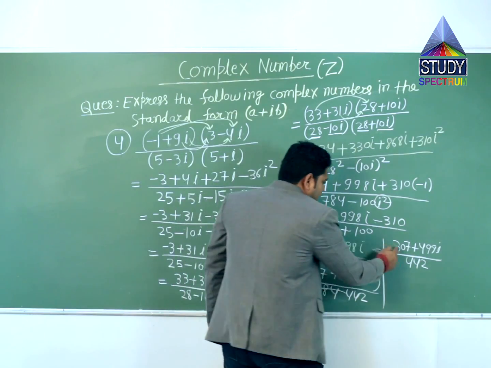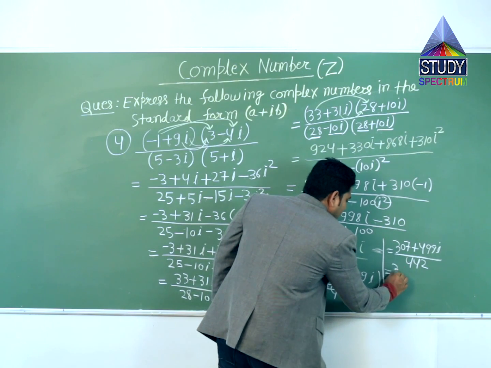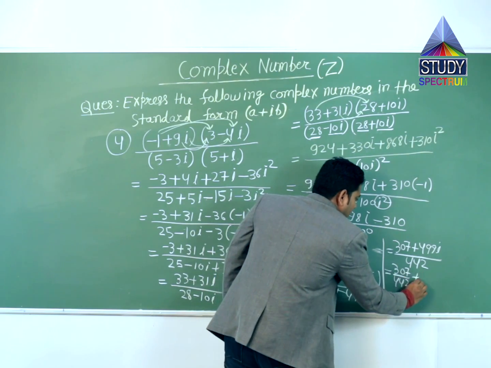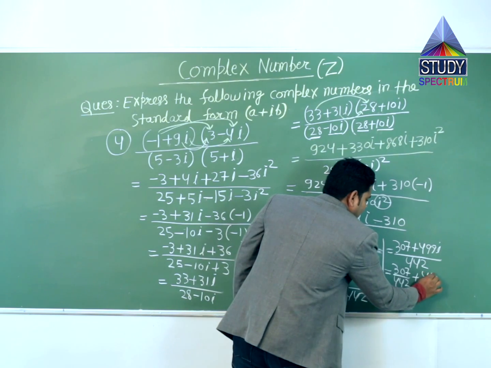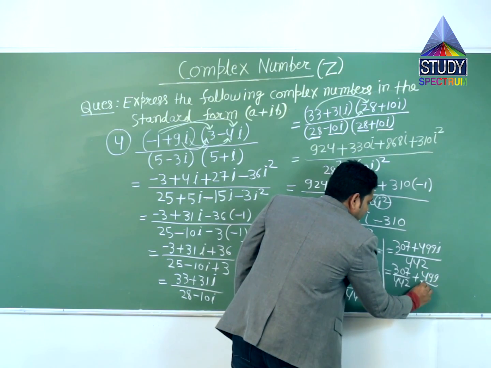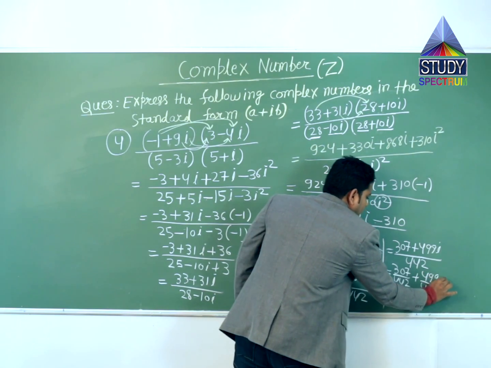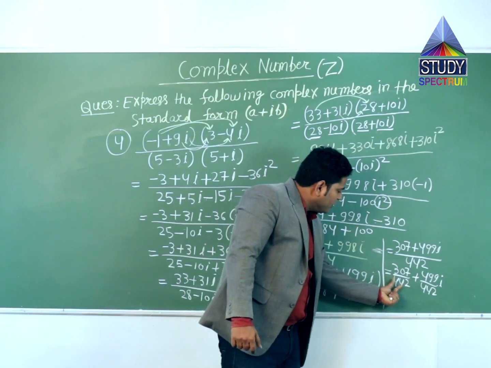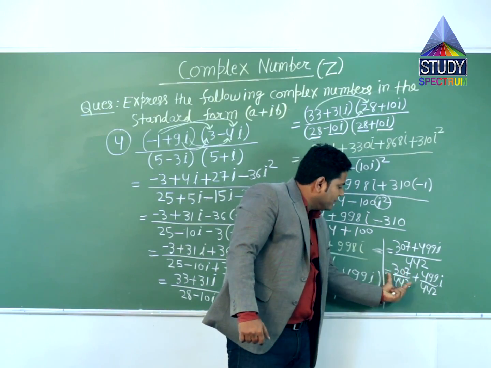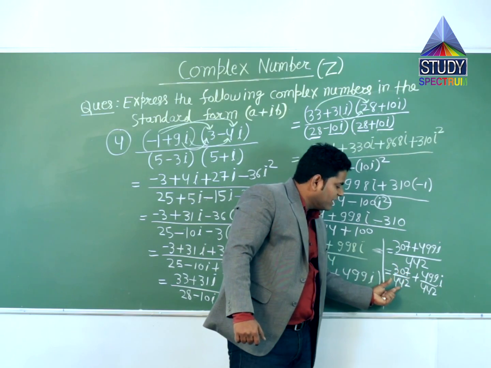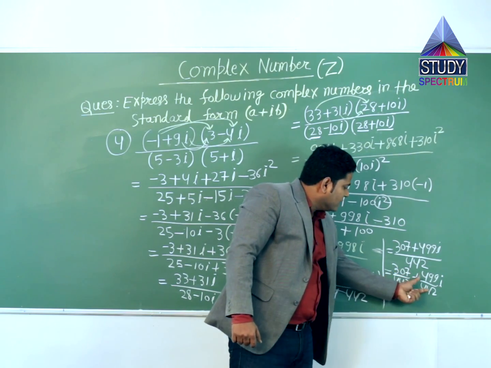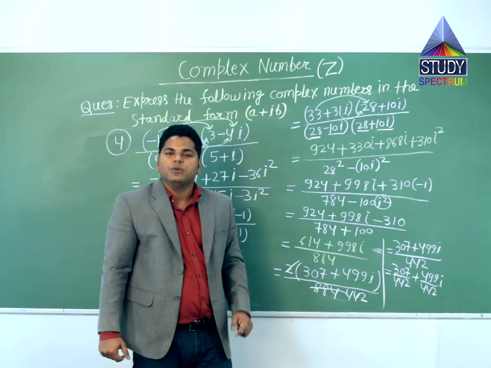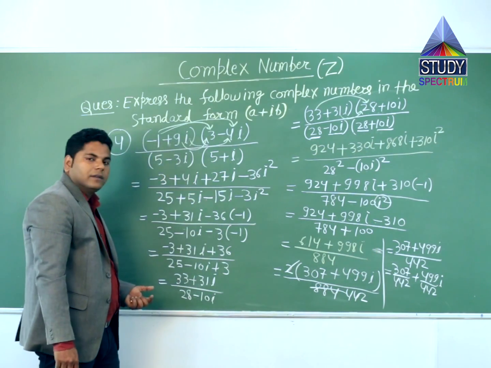Now we can write it separated like 307 by 442 plus 499 by 442 i. Okay. So now we have represented it in terms of a plus ib, and at the place of a we have 307 by 442, and at the place of b we have 499 upon 442. Okay.